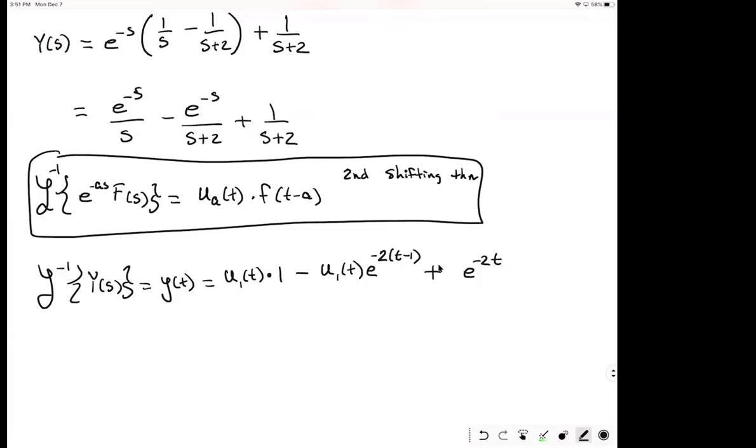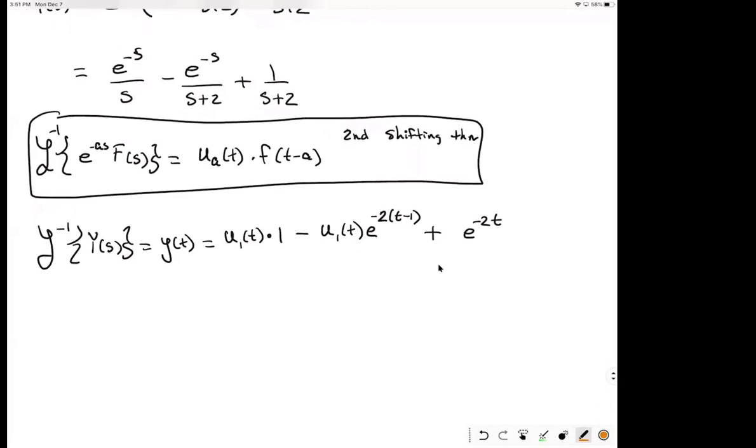Okay, let me explain where all those came from. On your chart, number 3 has e to the at, and that transforms to 1 over s minus a.